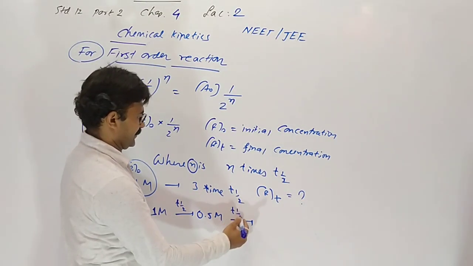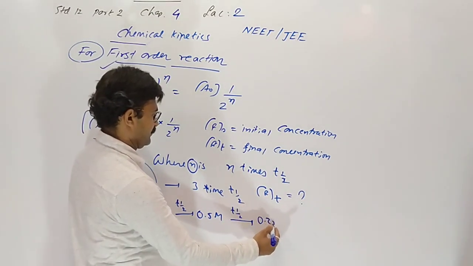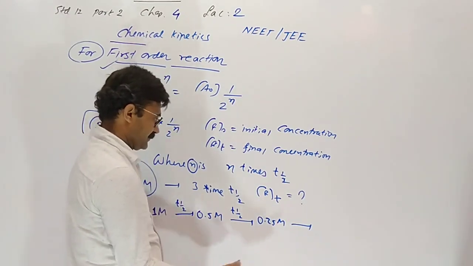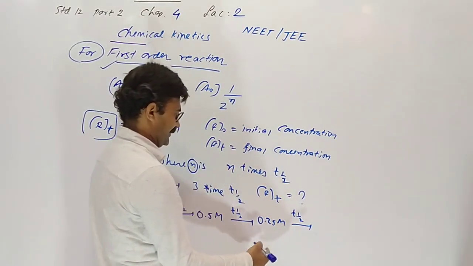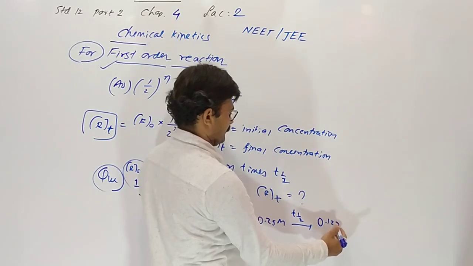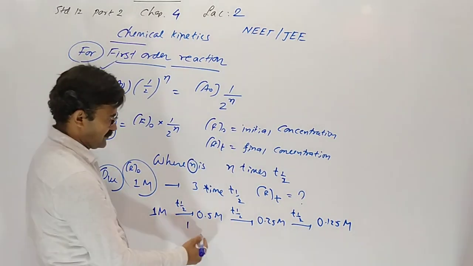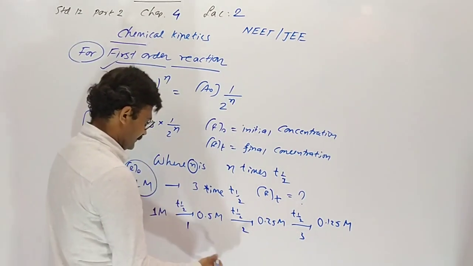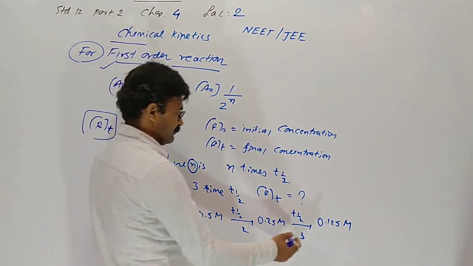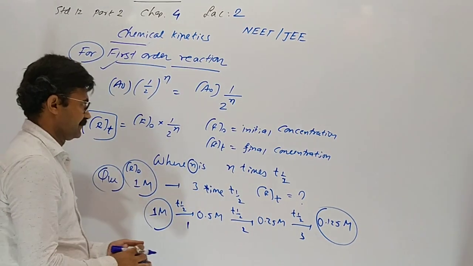Once again after another t1/2 it will be 0.25. This trick is only applicable for first order. So 3 times t1/2 taken, the final concentration of reactant will be 0.125.